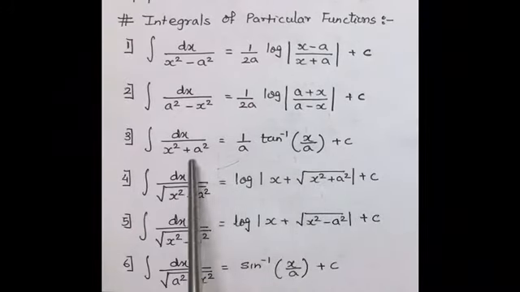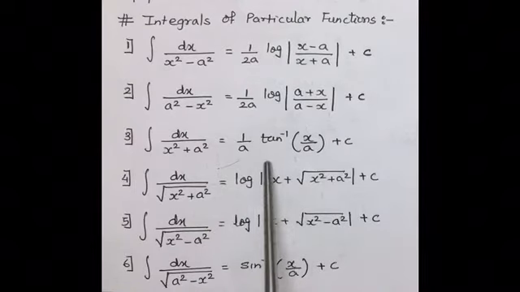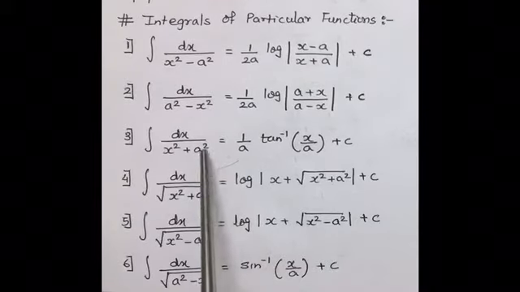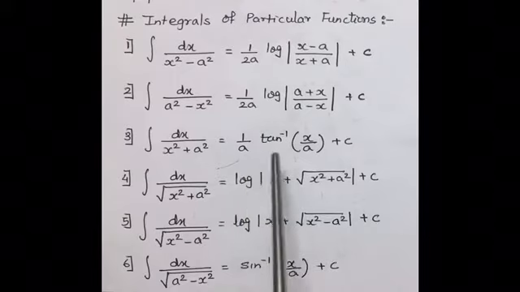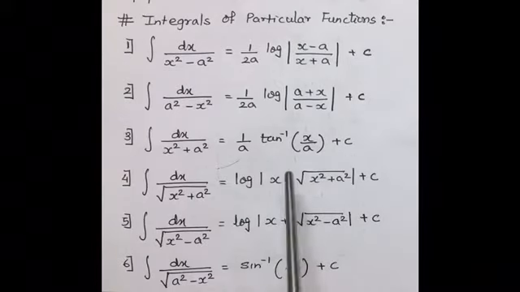So when plus is there, accordingly we have to use the standard integration. Whatever the constant is there in terms of a, we have to write 1 upon a outside, and tan inverse x upon a plus c will be its integration.